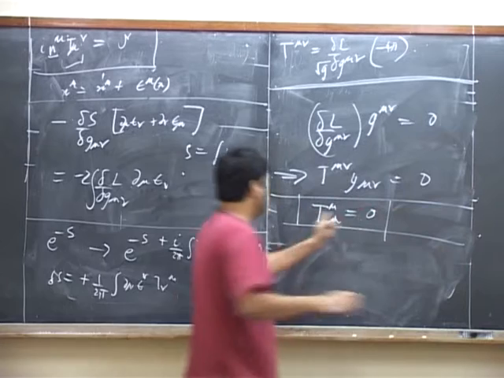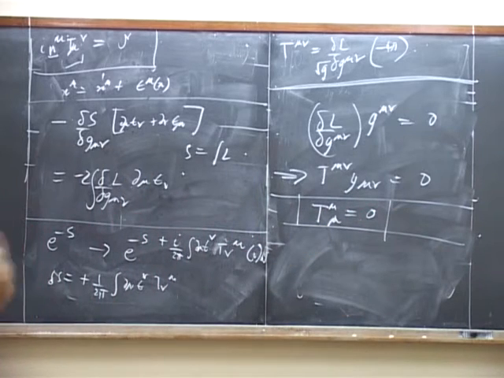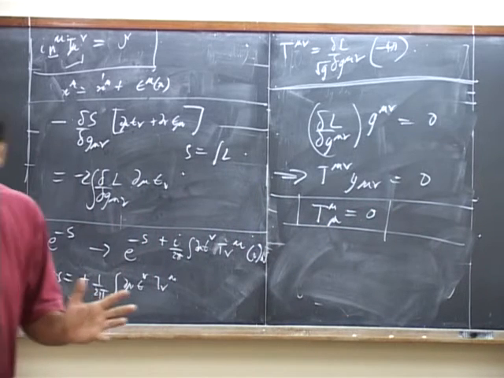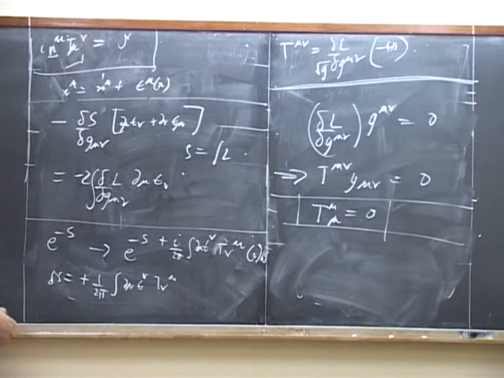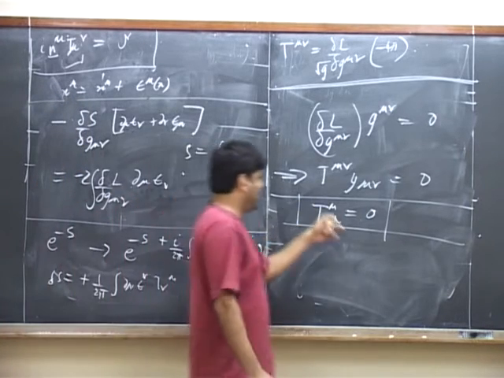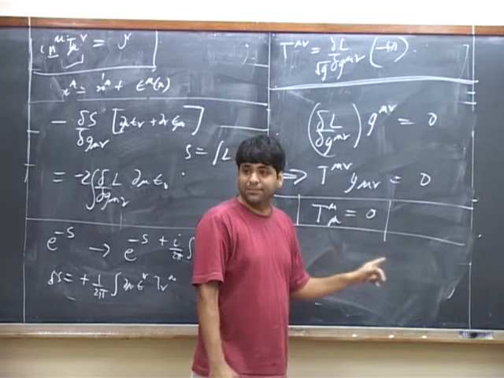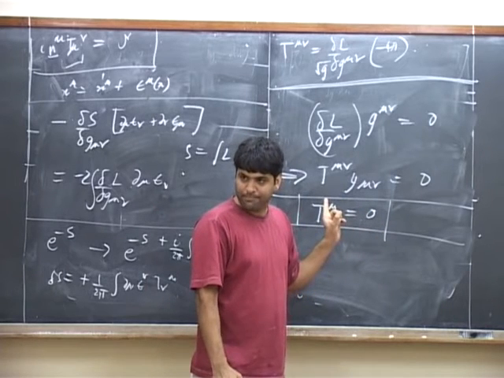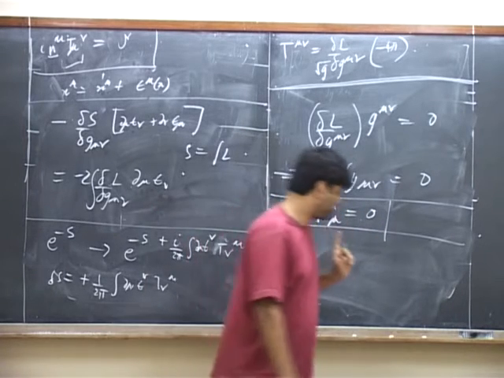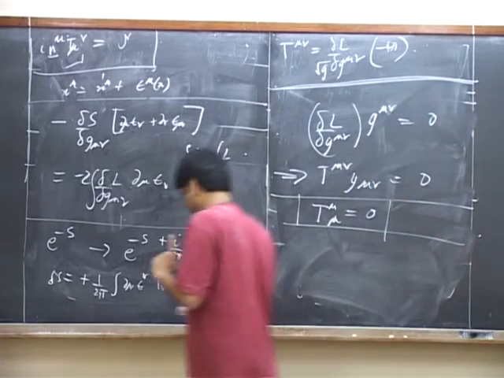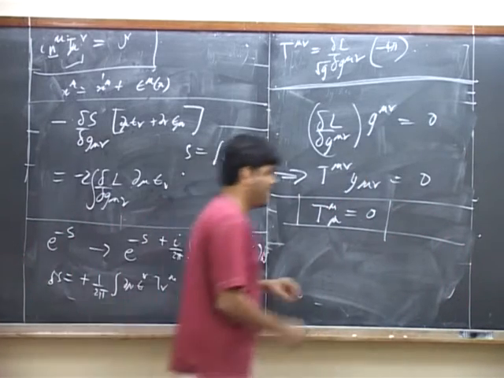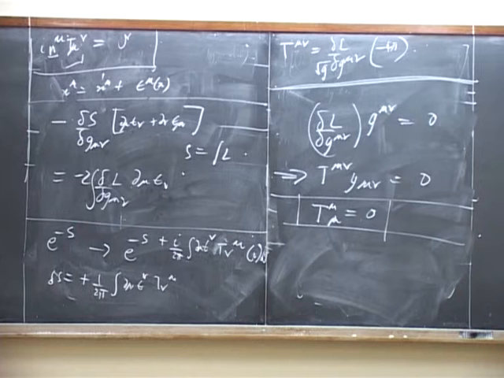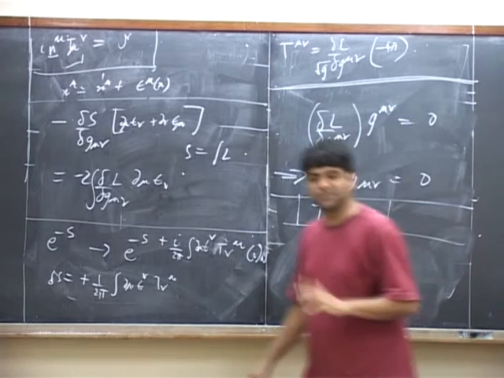So we've concluded that if we're dealing with a conformal field theory, so far we've not specialized to 2 dimensions, any conformal field theory, and scale invariant, the trace of the stress tensor must vanish. Okay, but one can make this argument at various levels of sophistication.